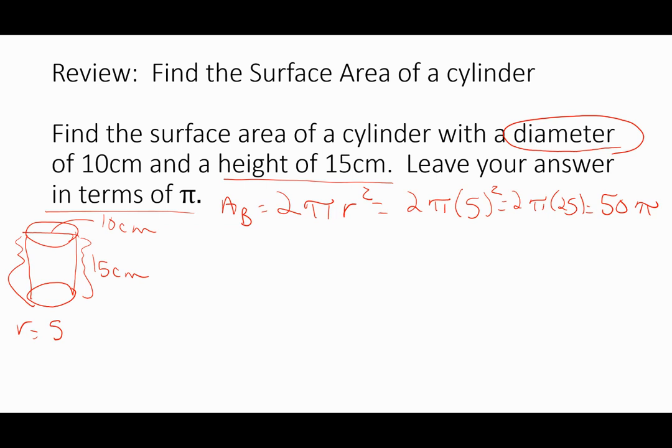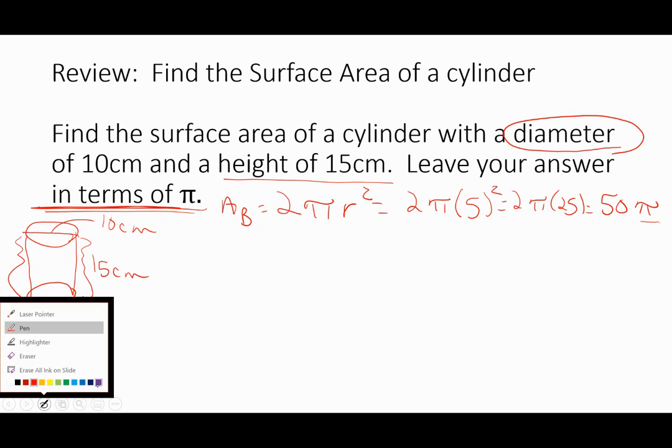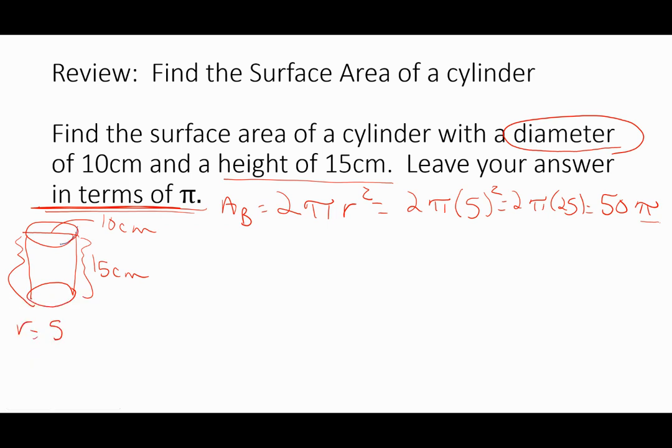Now, the reason I didn't multiply by pi is that we want to look in terms of pi, so we're going to just leave that pi in the answer the same way we did when we did square roots. The area of the side would be like the wrapper, and we need to know what the circumference is.